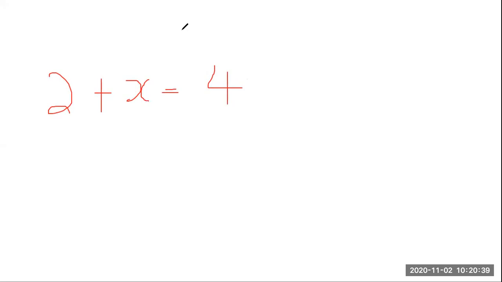Keep in mind, with all of this, all I'm trying to do is find x. What do I do to find x? Yeah, for the people on Zoom, Renee said -2. And whatever you do on one side, you do it on the other side. All right, so then x is equal to 2.